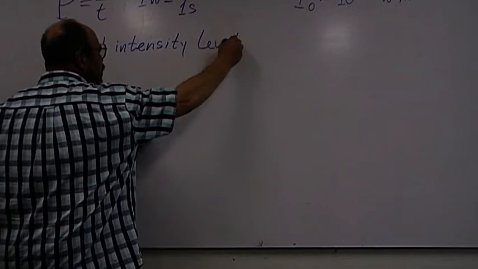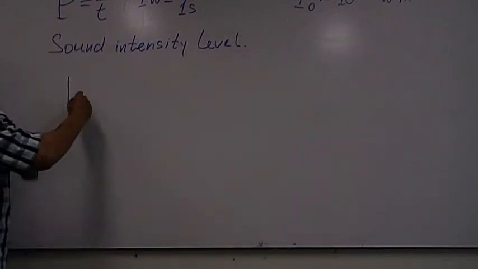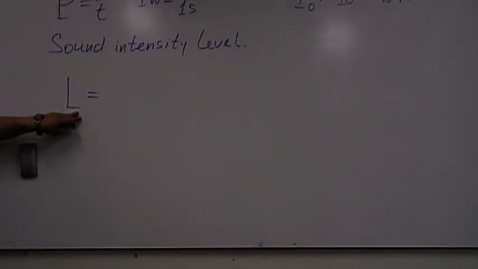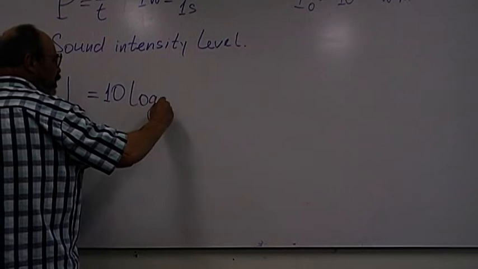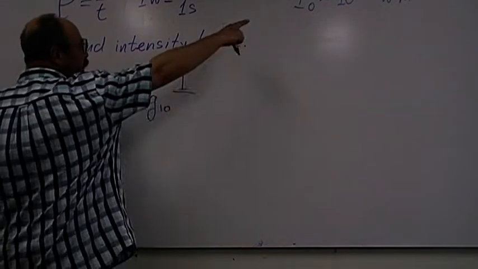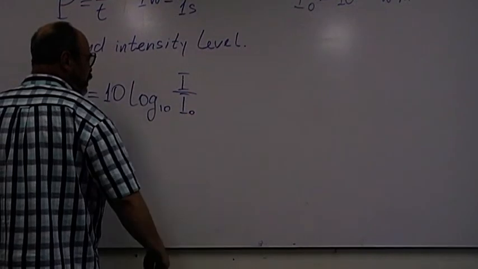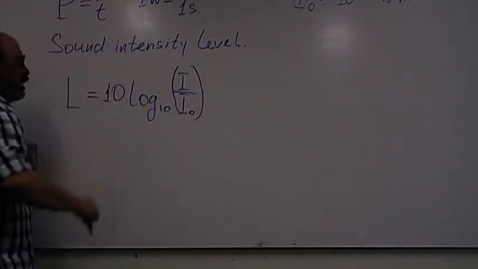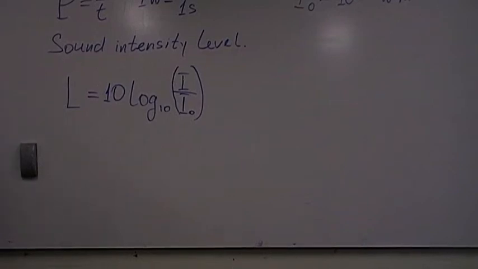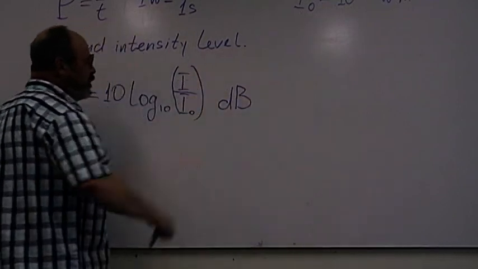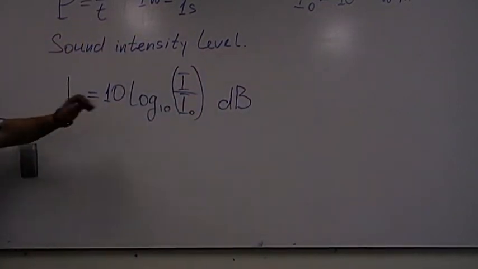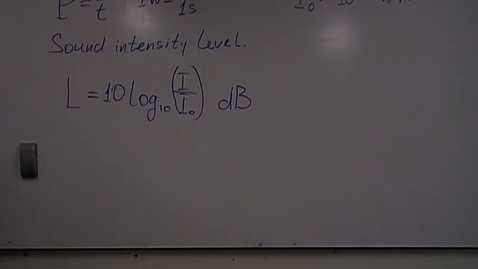And the definition that we use for sound intensity level equals 10 times log with the base 10 of sound intensity divided by threshold of hearing. That is a definition of the sound intensity level. And unit is, you probably all heard about such unit, decibel. Yes, decibel. That is how decibels are calculated as a sound intensity level.